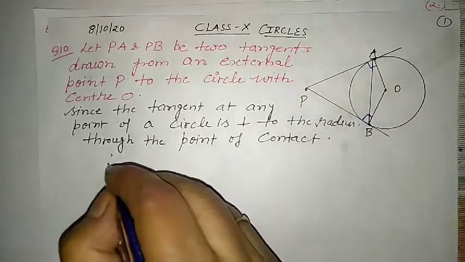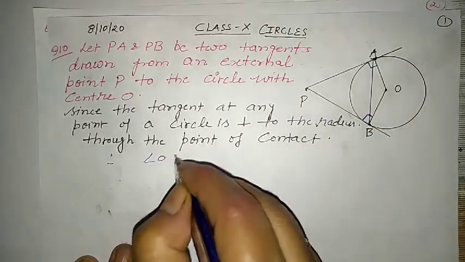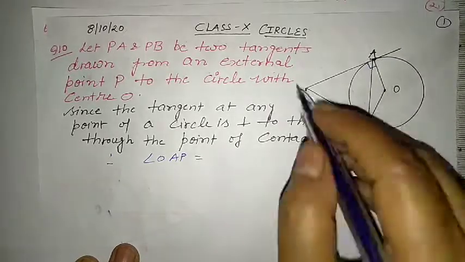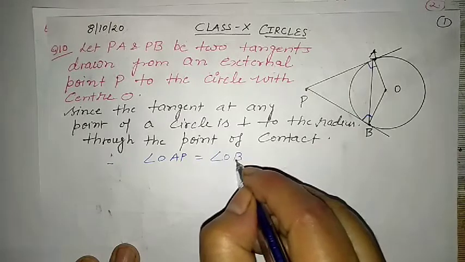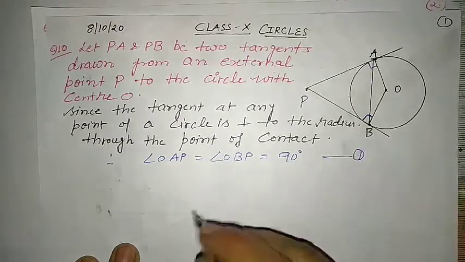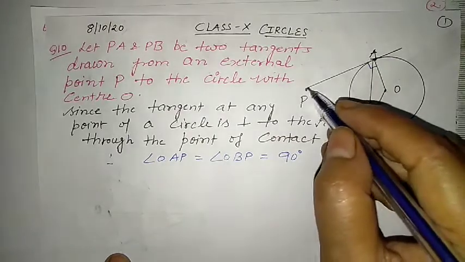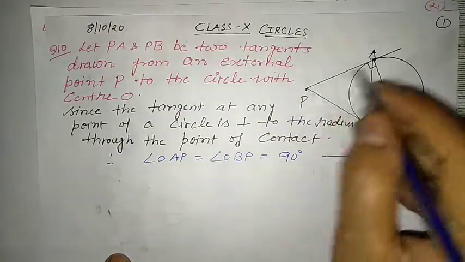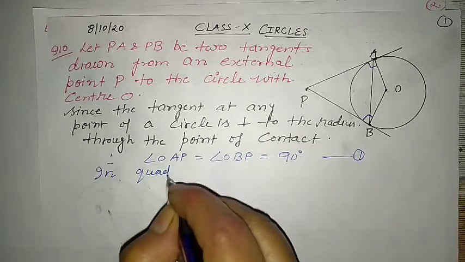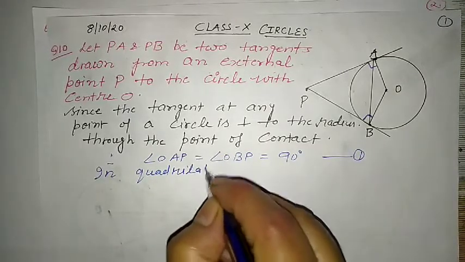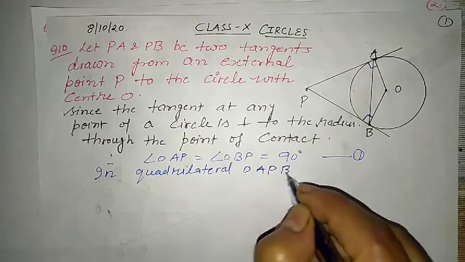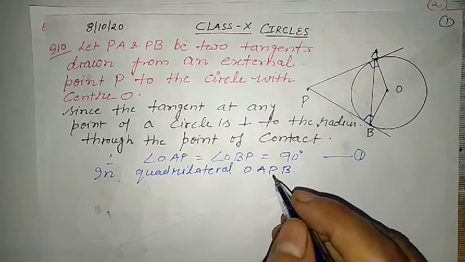So what we have here: angle OAP equals angle OBP equals 90 degrees. Suppose this is the first equation. Now this is the shape of a quadrilateral PAOB. So in quadrilateral OAPB, we can apply the angle sum property.